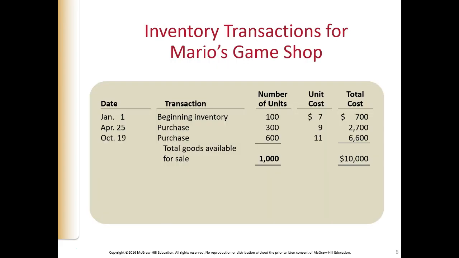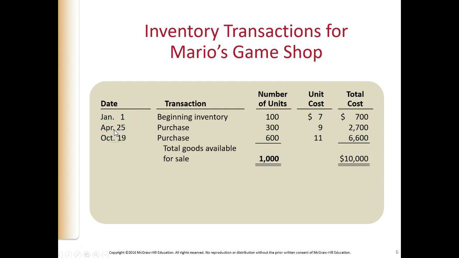We're going to go through quite a few numbers in the next several slides. So here are the numbers we're going to start with. Try to pay attention to these numbers and come back to this slide if you need to. In our situation here, on January 1st, left over from last year, we have beginning inventory of 100 units, and they cost $7 per unit. So the total is $700 on those 100 beginning inventory units.